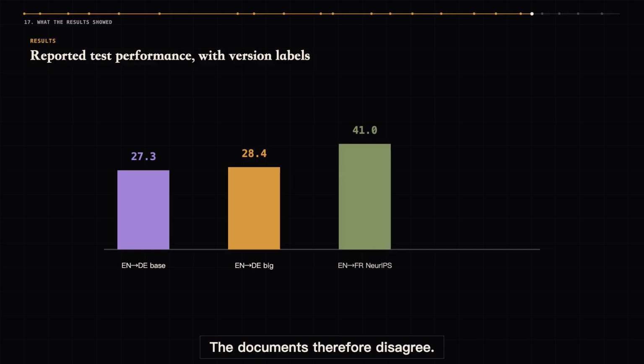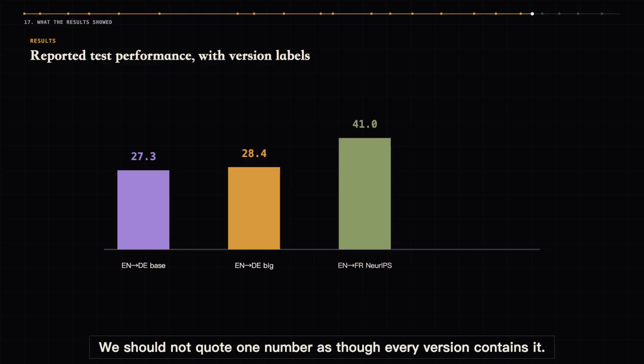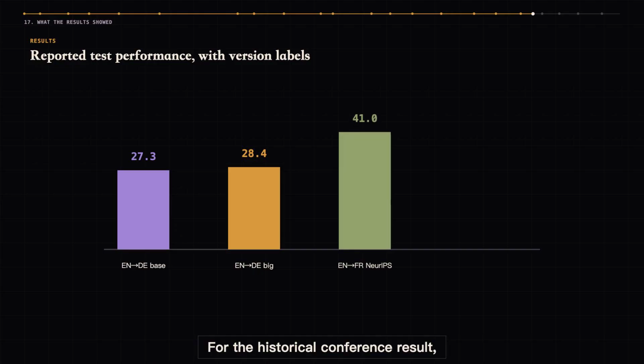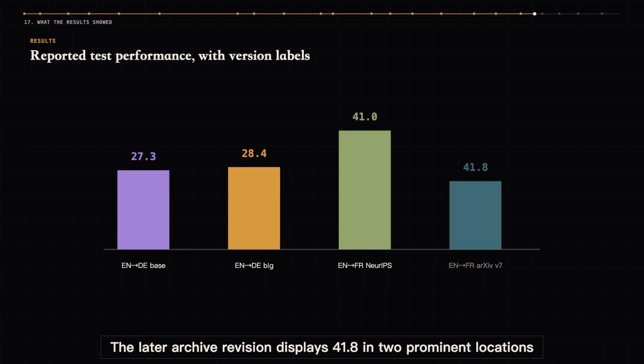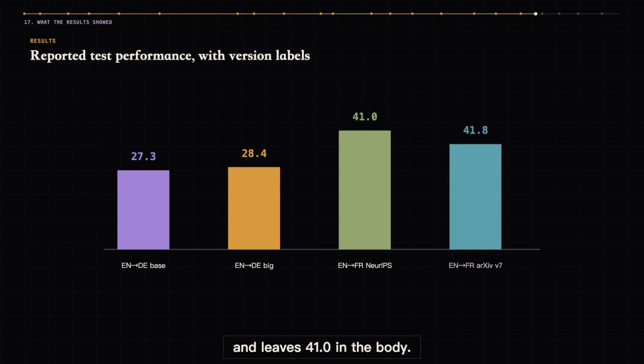The documents therefore disagree. We should not quote one number as though every version contains it. For the historical conference result, 41 is the internally consistent number in the official NeurIPS paper. The later archive revision displays 41.8 in 2 prominent locations and leaves 41 in the body.